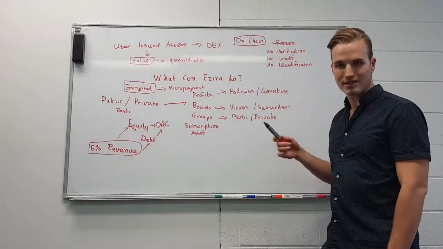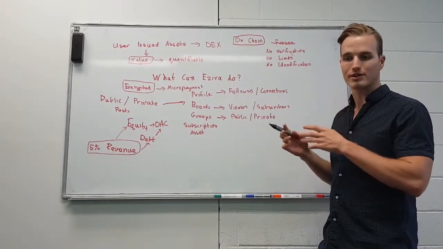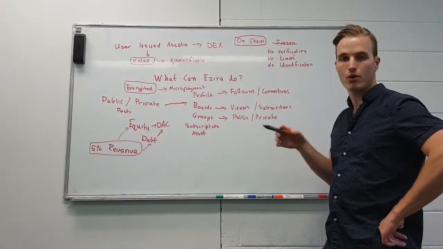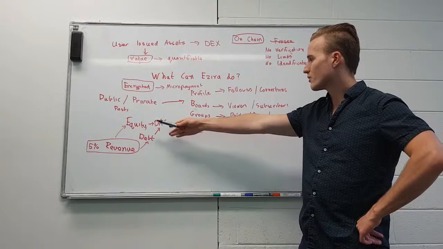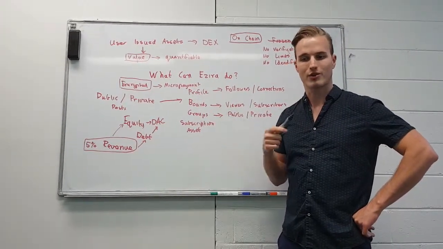This supports these assets with revenue in such a way that this is distributed and decentralized, and there's no way to initiate fraud or non-payment of this debt or this equity, because the revenue amount is automatically subtracted from incoming transactions.